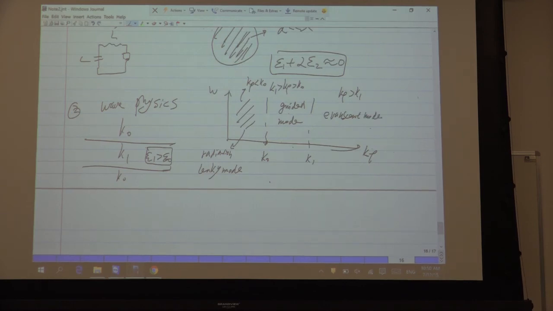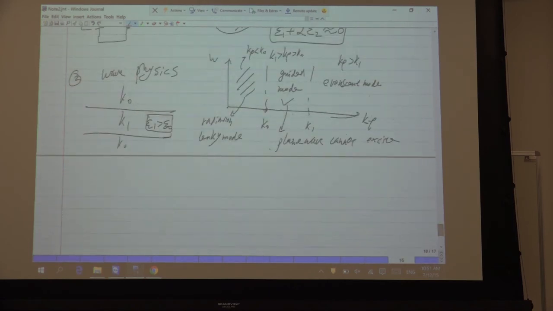This is the reason a plane wave cannot excite the guiding mode, due to phase matching. So a plane wave cannot excite the guiding mode for the photonic crystal. If I truncate the photonic crystal, it has a surface state, and a plane wave cannot excite the surface state.